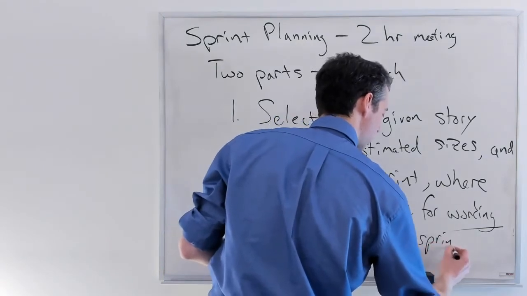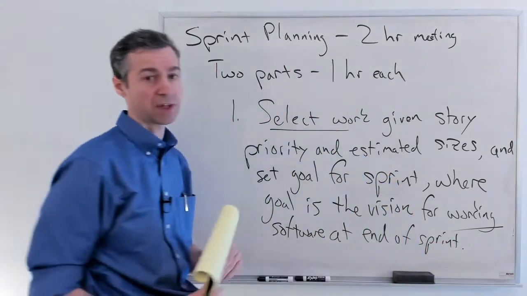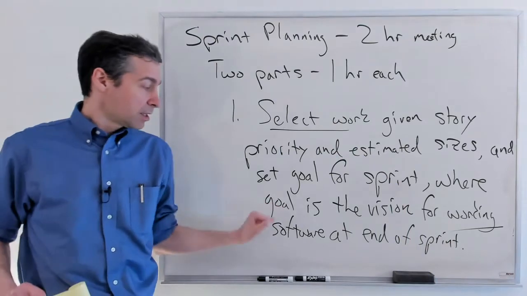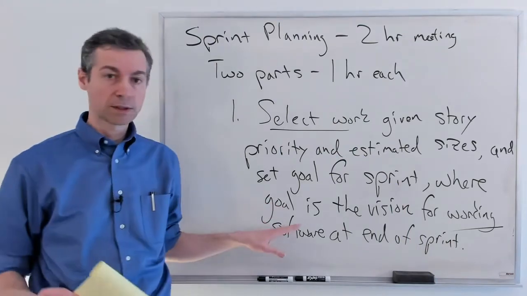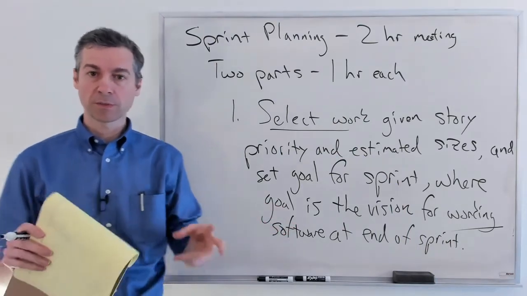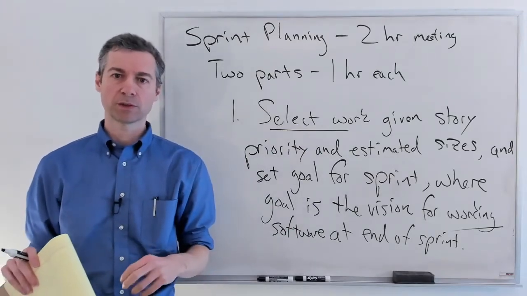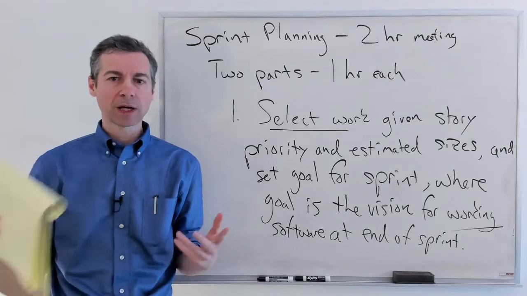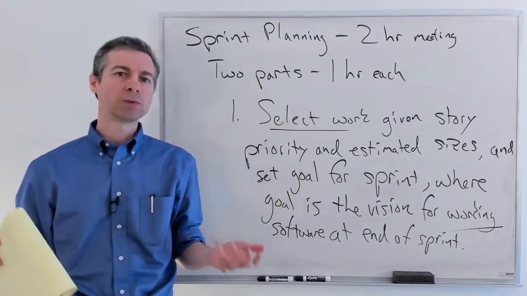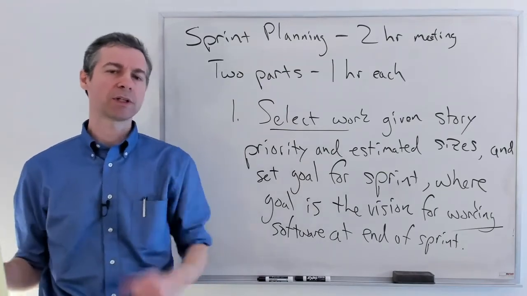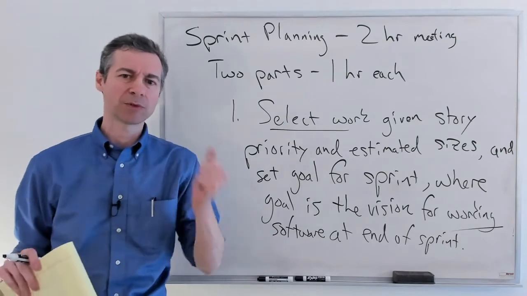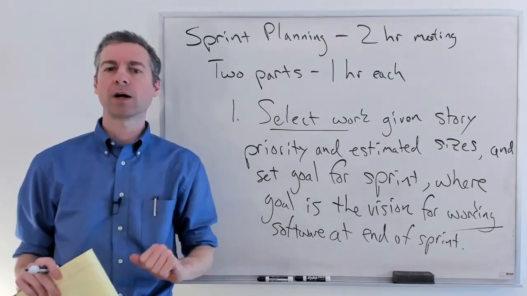And this is an important point to make and reinforce, is that the team is always producing something that's delivered to the customer at the end of the sprint. It's not about, oh, well, we've been working hard and we want to let you know that we've been working hard and we're making some progress.